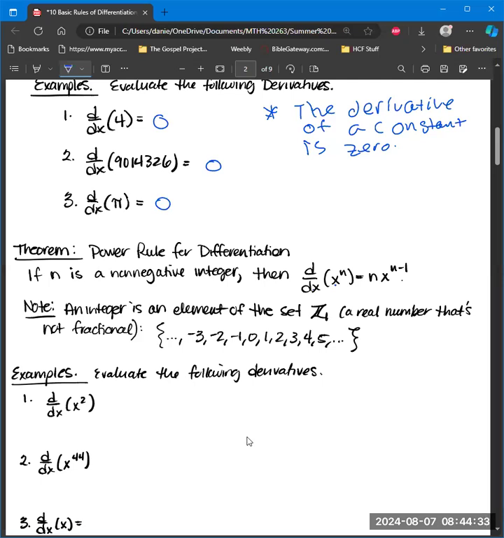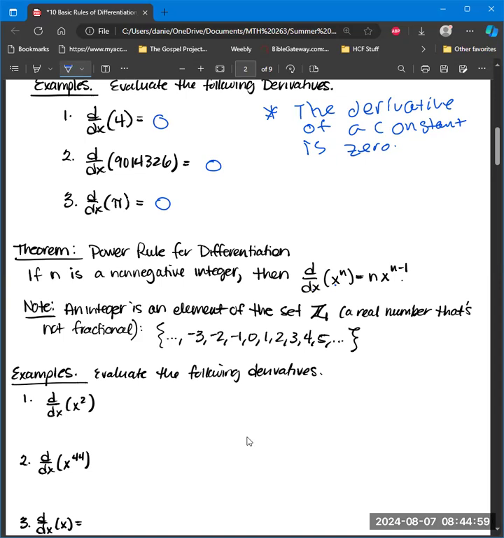We are going to multiply by the exponent and then drop the exponent by 1. An integer is an element of the set capital Z here, it's kind of bolded. That's why we have that extra line, to show that that's bold. We can't bold our handwriting, so we put extra lines next to it.